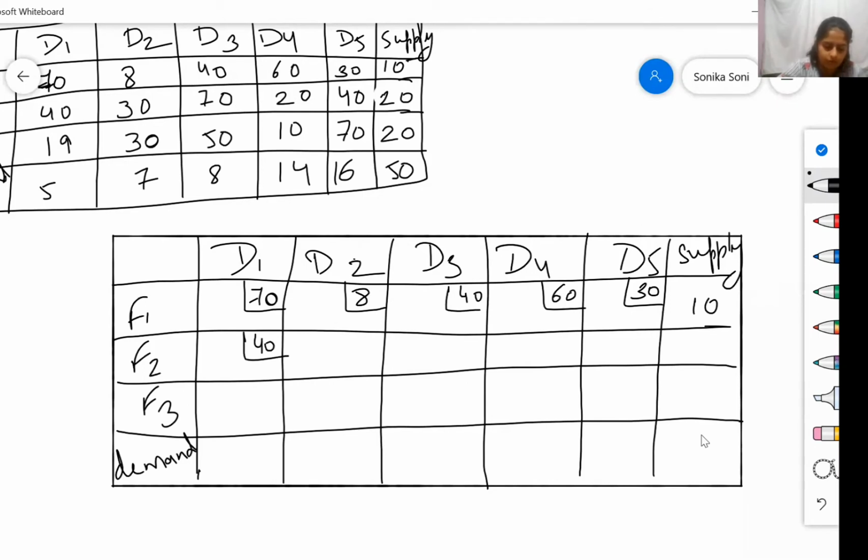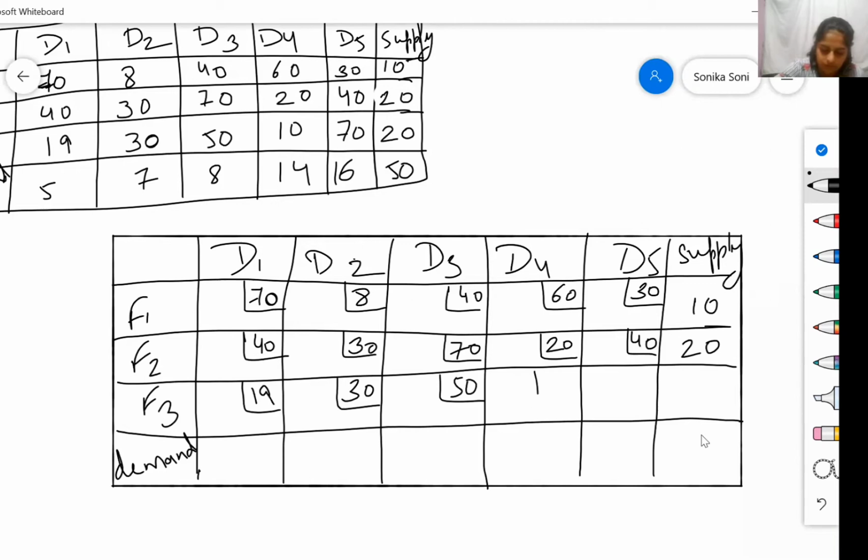We have 40 here, and while solving the answer itself, we should see which is the lowest cost, because we're writing the cost here. So only if we identify which is the lowest cost, then it becomes easy for us to solve the problem.